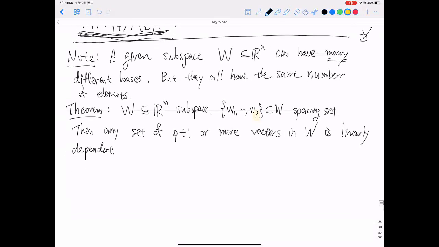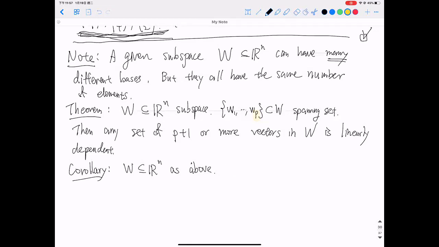Okay, now let's first of all prove this. Now maybe we should first of all discuss the consequence of this. Again, let W be a subspace, then any two bases of W have the same number of vectors.